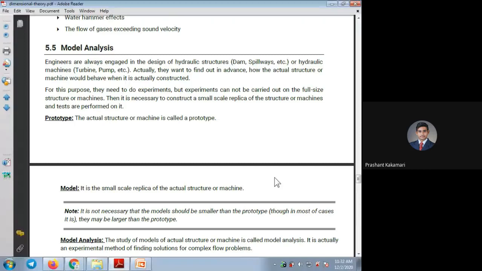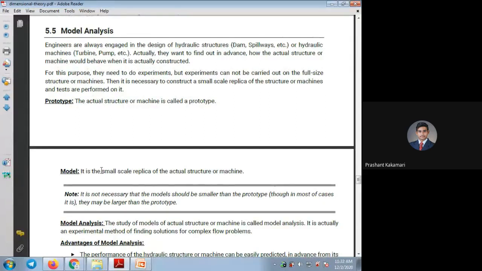The last part is understanding what a model and a prototype are. A model is a small scale replica, like your toy car or small gadgets, which will behave similarly to the actual machine or actual structure, called the prototype.